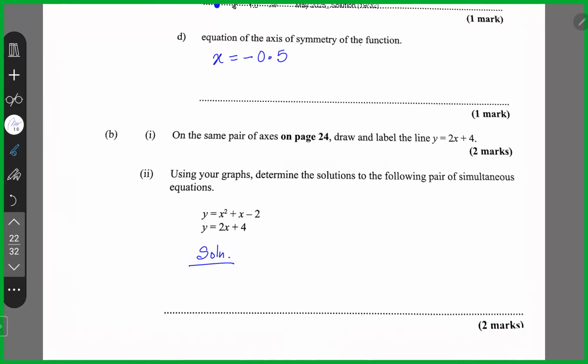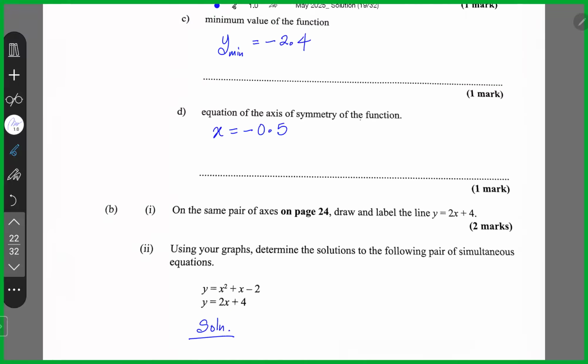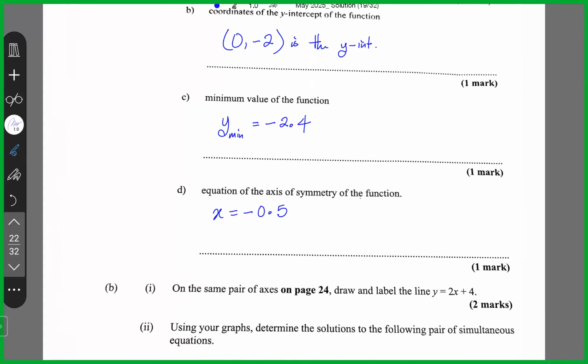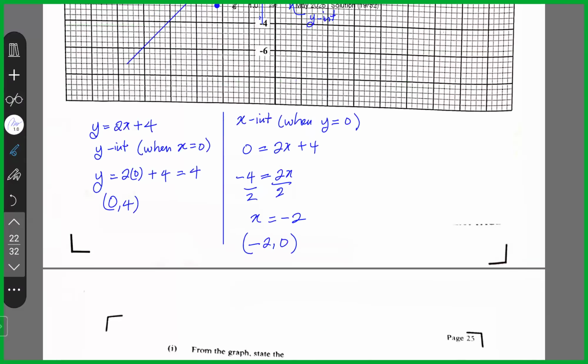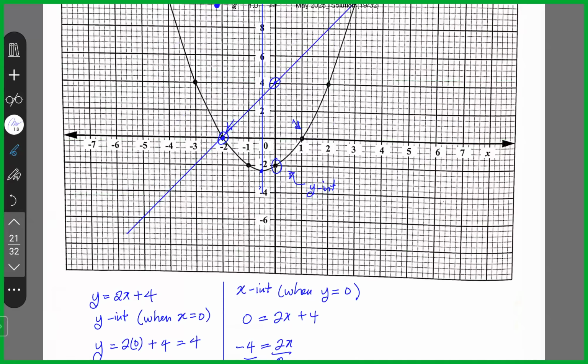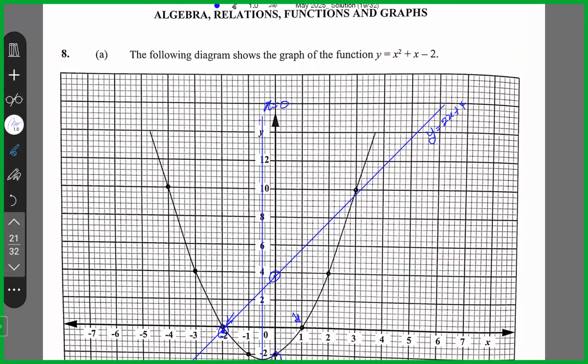Now we already drew y is equal to 2x plus 4, and the quadratic graph was given to us. It's y is equal to x squared plus 2x minus 2.